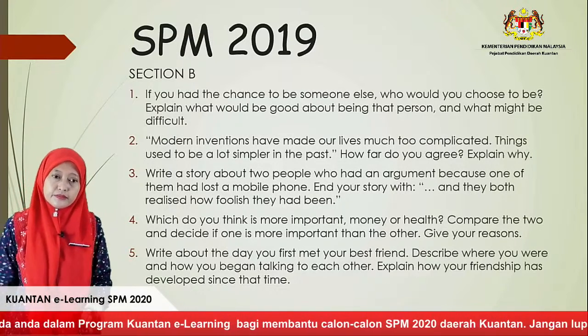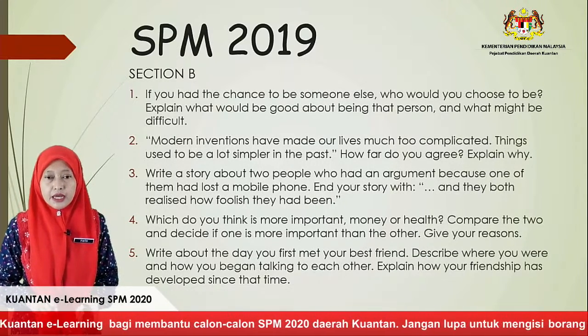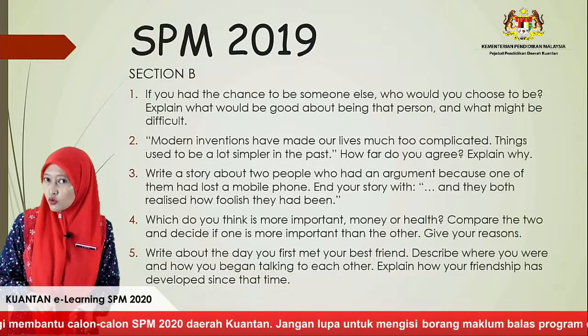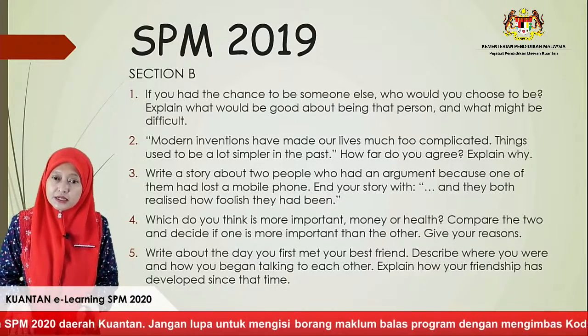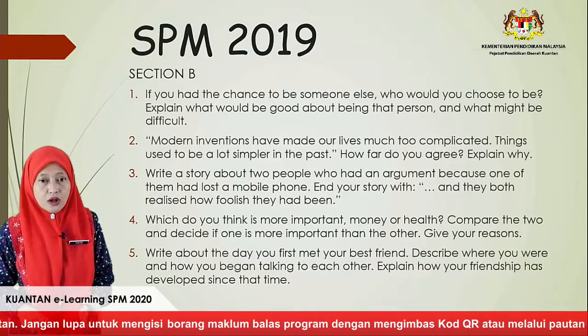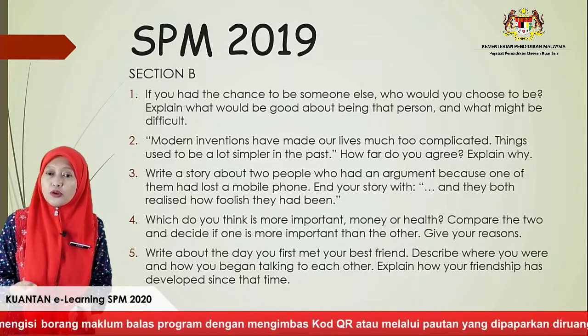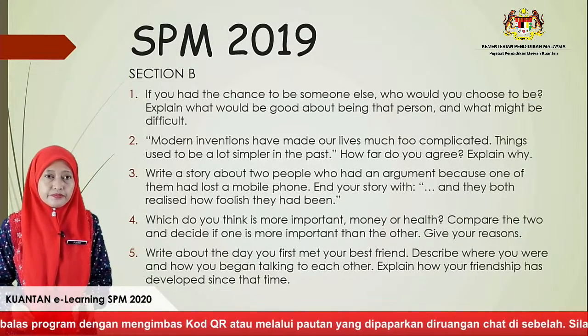Okay? And the last one, number 5, write about the day you first met your best friend. Do you have 1 or 2 or 3 or 11? Up to you. Describe where you were and how you began talking to each other. Explain how your friendship has developed since that time.